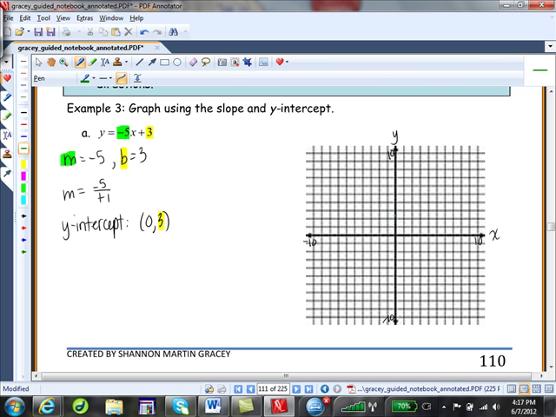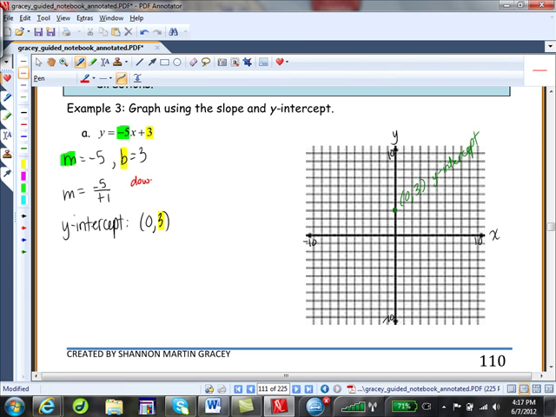So 0, 1, 2, 3, that's the y-intercept. This is 0, 3. The y-intercept. Okay? Now, using our slope, we have to go down 5.